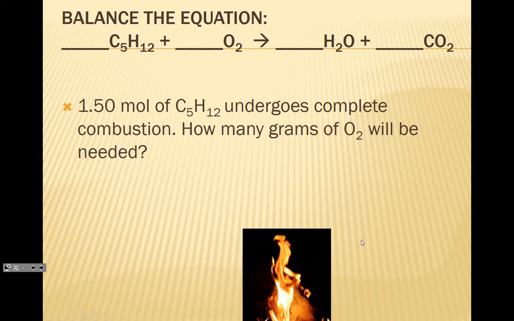Fifteen seconds. Okay, who can give me the coefficients in front of those? Okay, go ahead. 1, 8, 6, 5. 8, 6, 5.